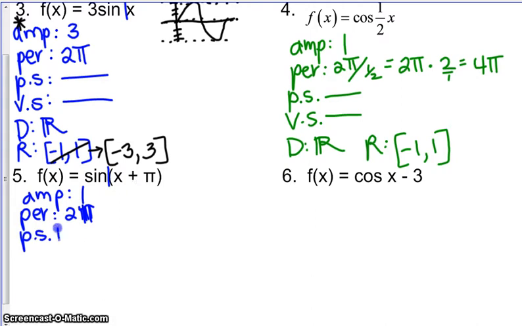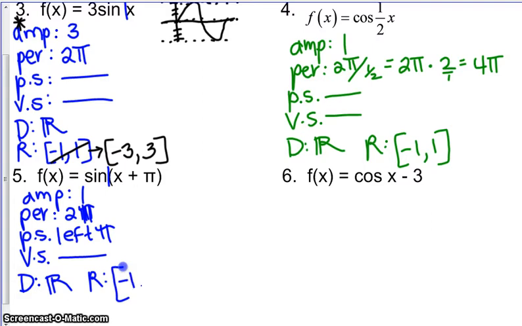So opposite of what we would normally think, it would send us left pi. Vertical shift, no k out back, so we don't go up or down any. Our domain is all real numbers. Our range is affected by both the amplitude and the vertical shift. There's no vertical shift. Our amplitude is 1, so that keeps our range from -1 to +1.